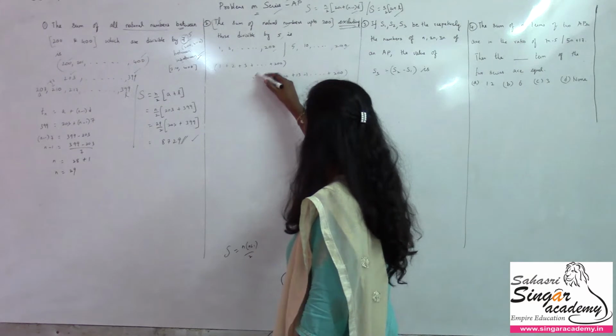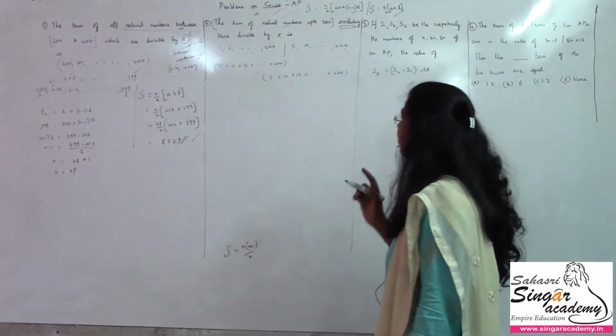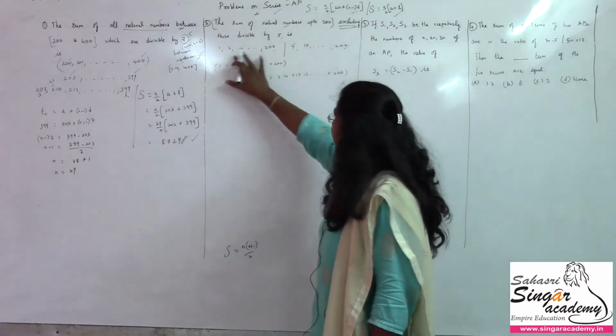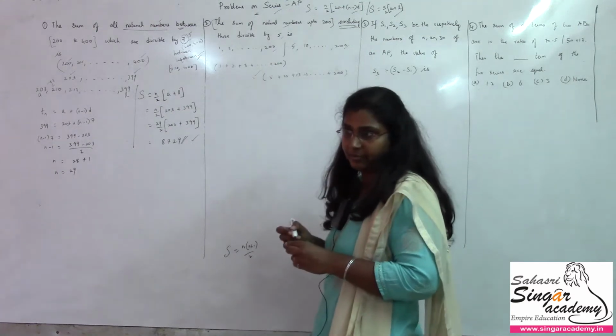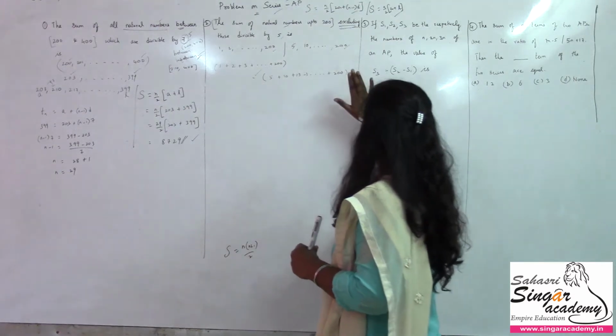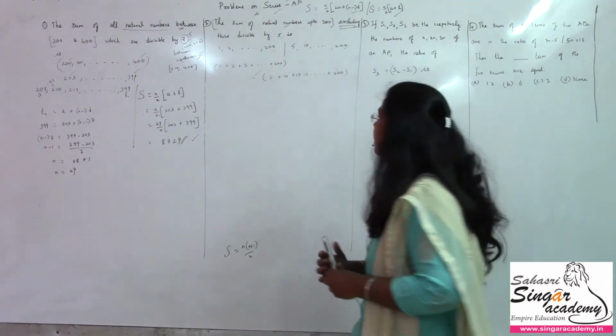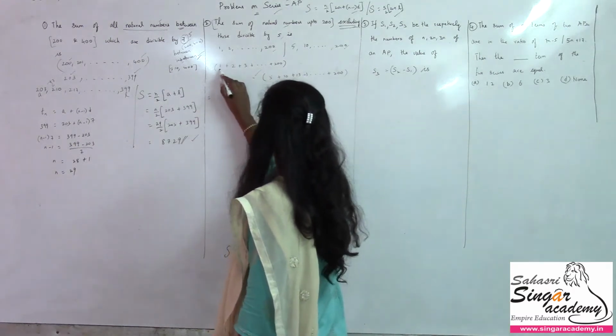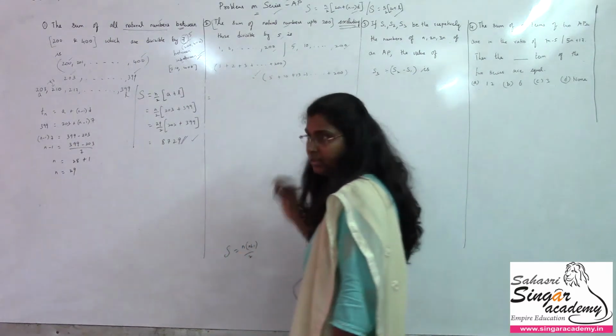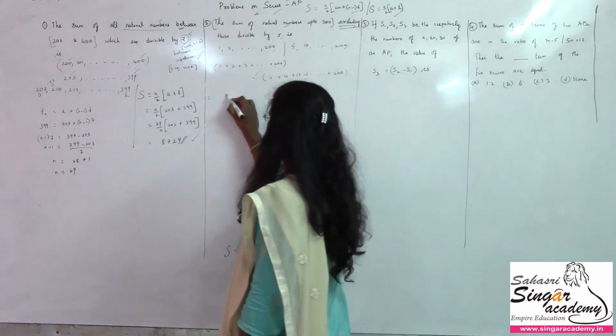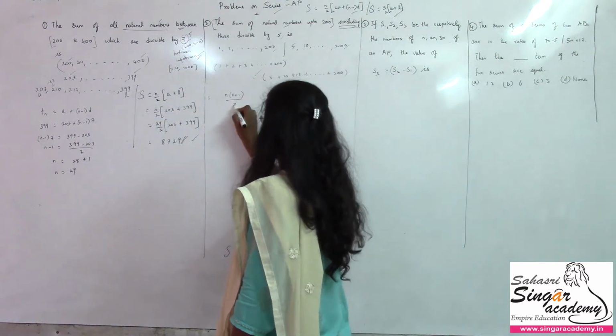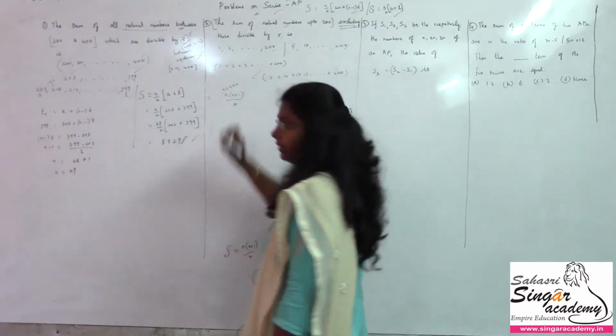Excluding means I am taking the difference. Among these numbers, those divisible by 5 have the first number 5 and the last number 200. For the set of natural numbers up to 200, I can use the formula n into n plus 1 by 2, where n here is 200.